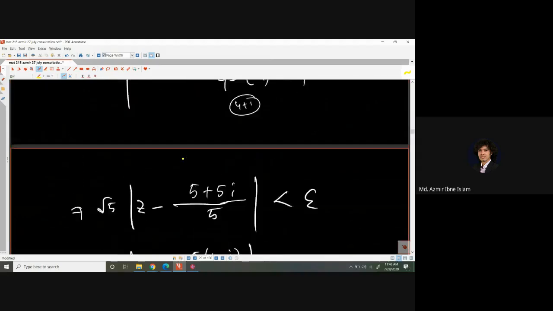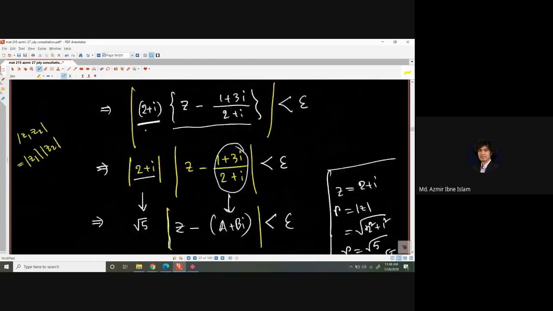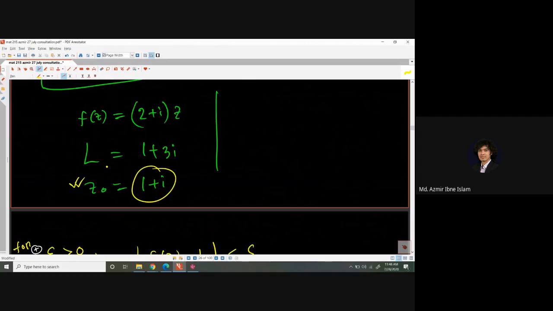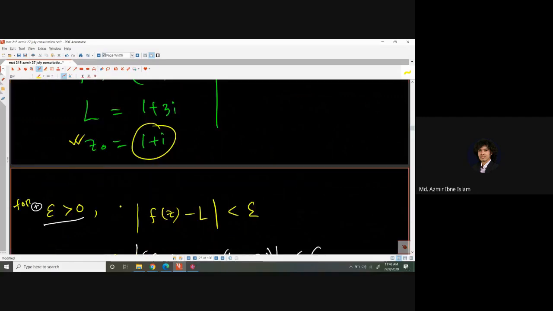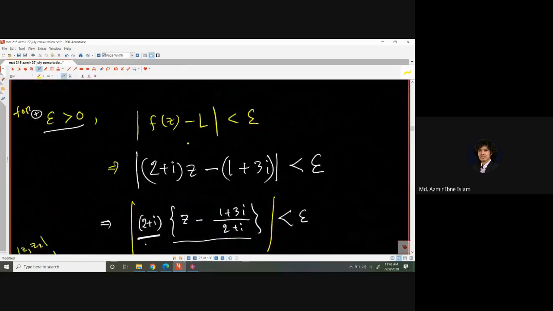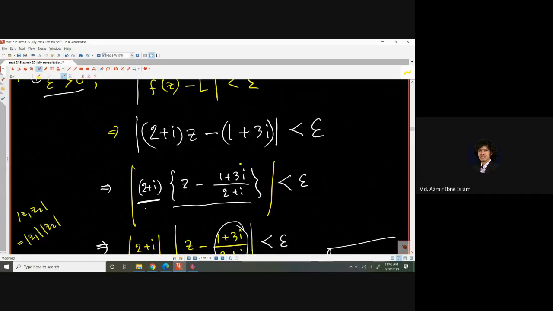Let's see. Yeah, we have z naught equal to 1 plus i. We are able to prove. Clear? Yes, sir. After this, whatever calculations we started from this part, you can see we have done a lot of calculation here.